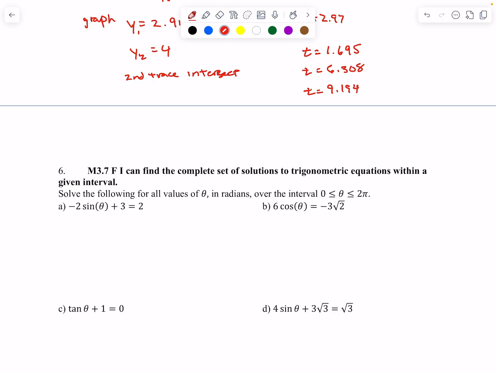First, solve. How do you solve? Get rid of adding and subtracting first. I subtracted 3 from both sides. Now you'll divide by -2.